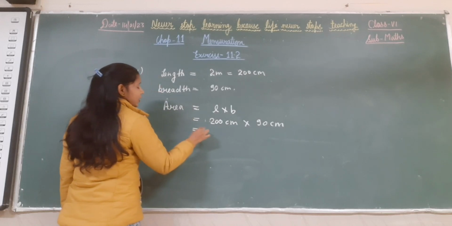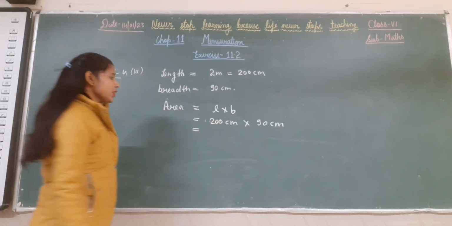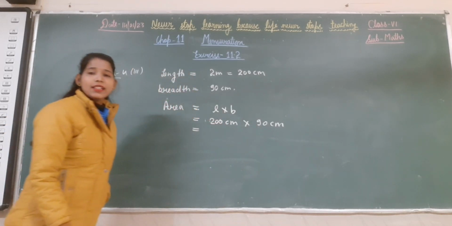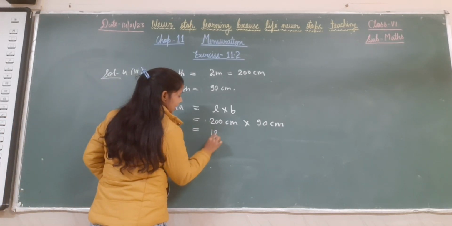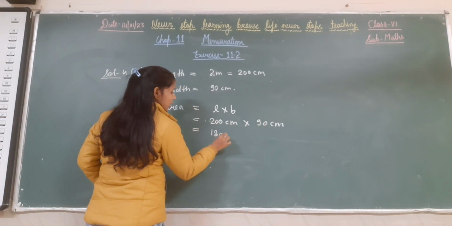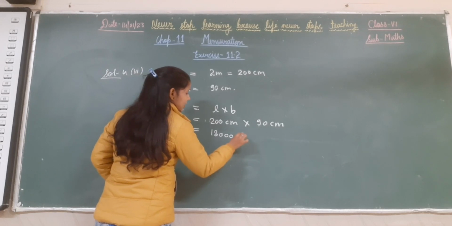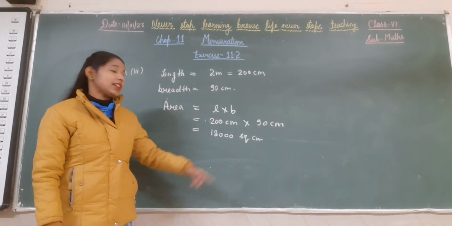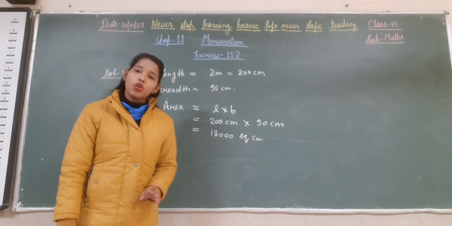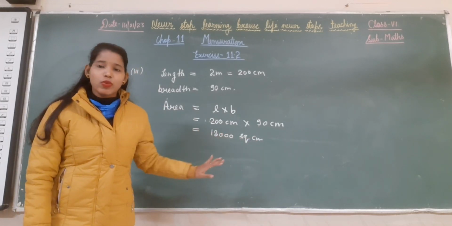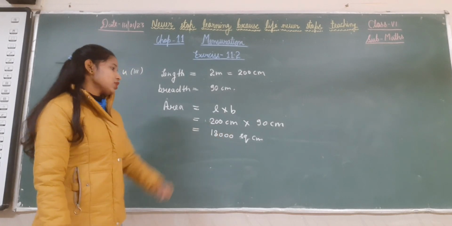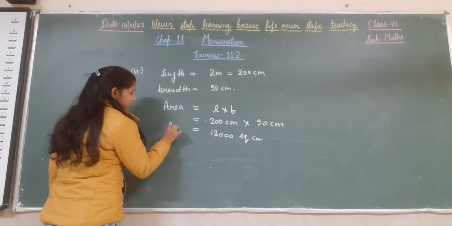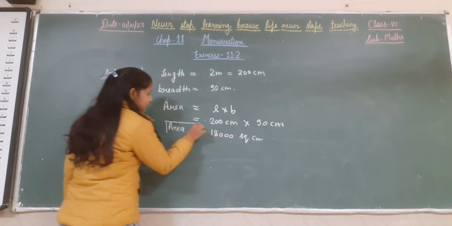So multiply length into breadth. 2 nines are 18, and then 3 zeros are there. Centimeter appears twice, so we write square centimeter. The unit of area is square centimeter. So 18,000 square centimeter is the answer. Okay class?